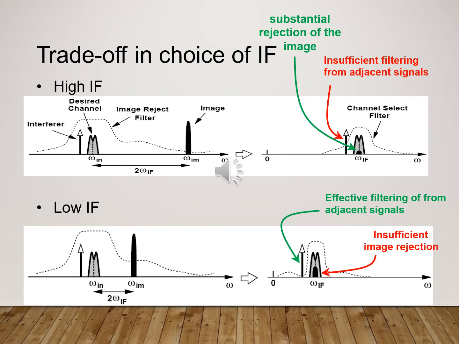But the image rejection in low IF will be much worse than when we use a high intermediate frequency. So in this case, you have to trade off between these two components, and in between you can find a suitable intermediate frequency for your application.